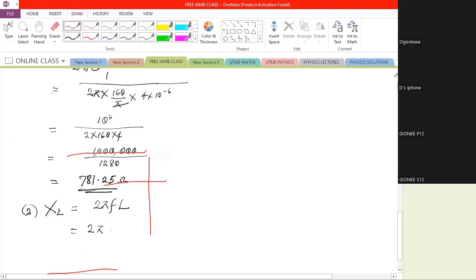That's 2 pi times 160 over pi times 3. Cancel here. 2 times 160, 320. So this is equal to 960 ohms.